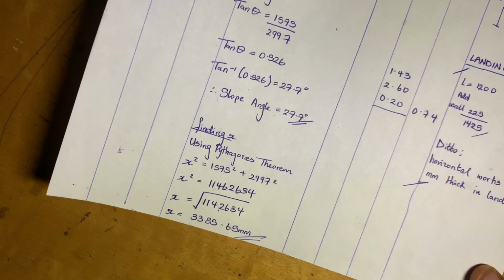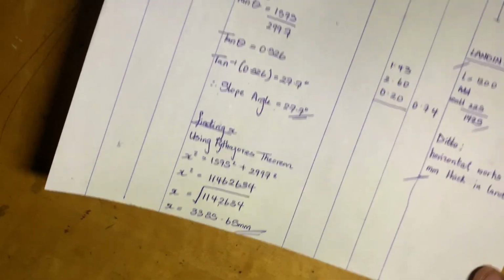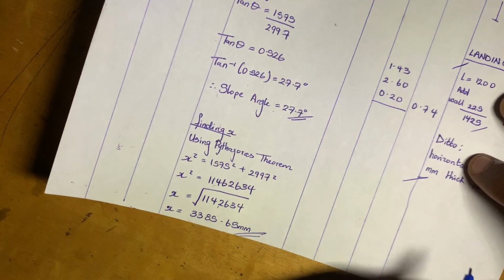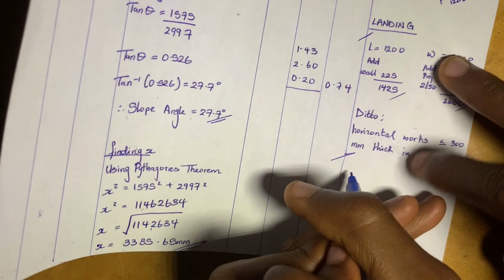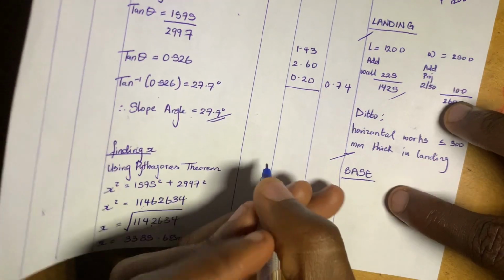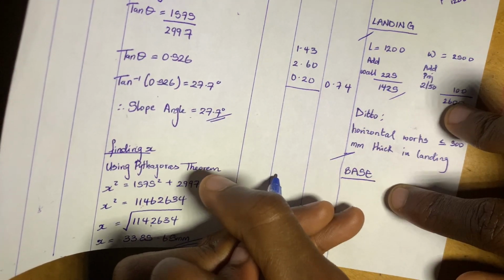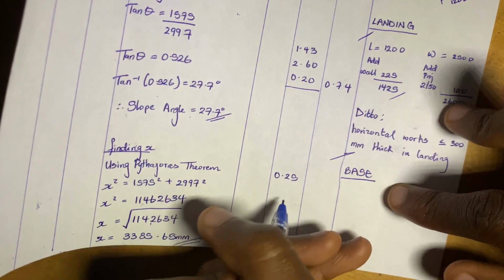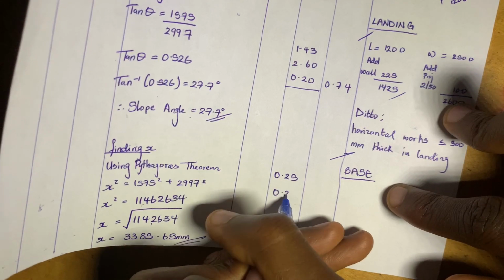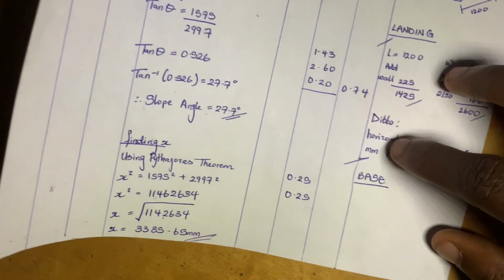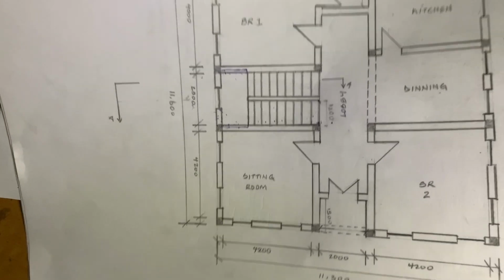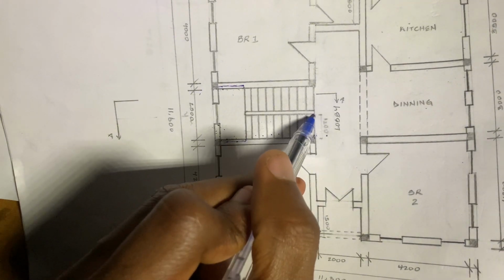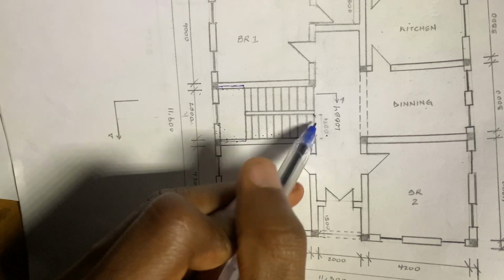So now we can write base. So the length of the base is 0.25, 250. The width will be 0.25, and then the last parameter would now be the width of the staircase, which is from here to here.